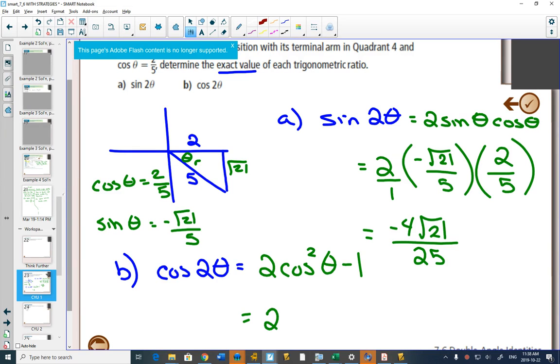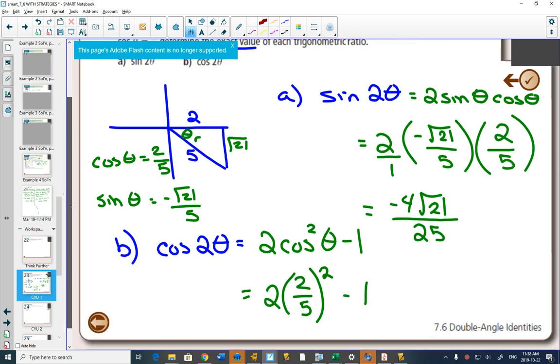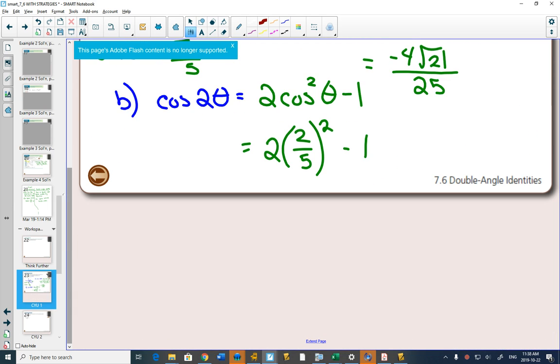It's equal to 2. Cos of theta was 2/5, so cos squared of theta would be 2/5 squared minus 1. We need to get our answer as a fraction in the end, order of operations, square first, so we're going to get 2 times 4 over 25 minus 1. How do we multiply fractions? Multiply your numerators, multiply your denominators. How do we subtract fractions?